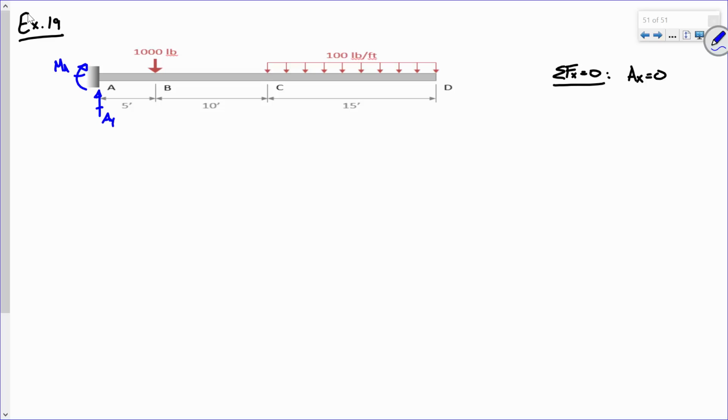Now, I don't like distributed loads when I'm determining reactions, so I got 100 pounds per foot over a distance of 15 feet, so what should I do with that? There you go.